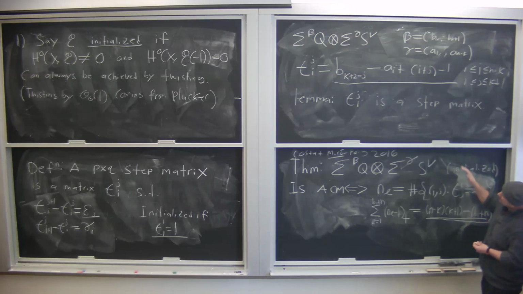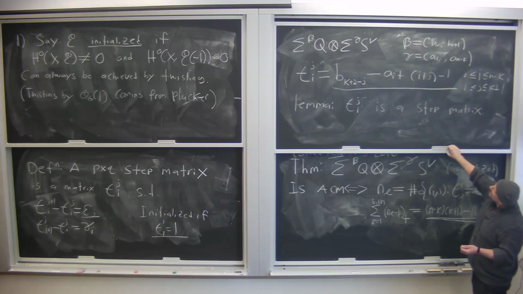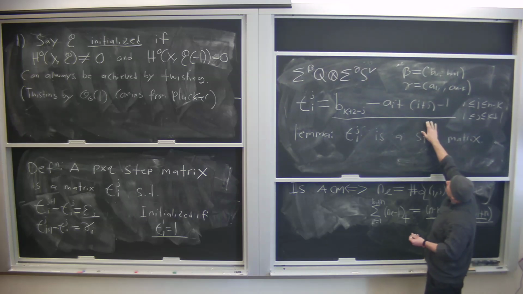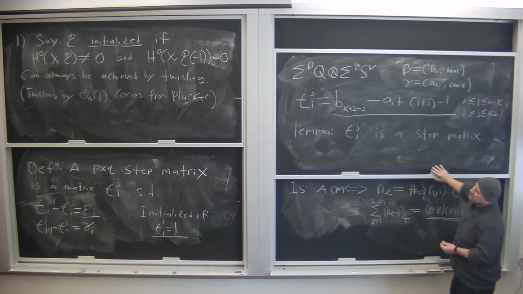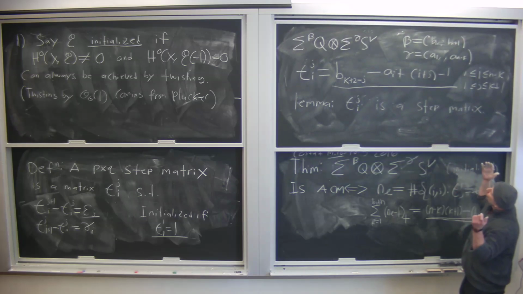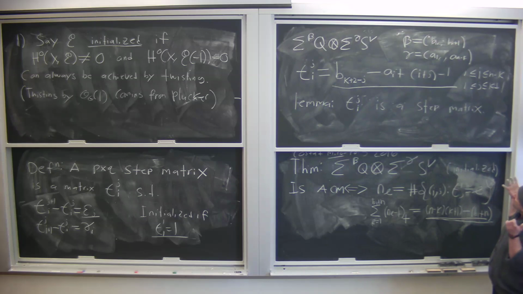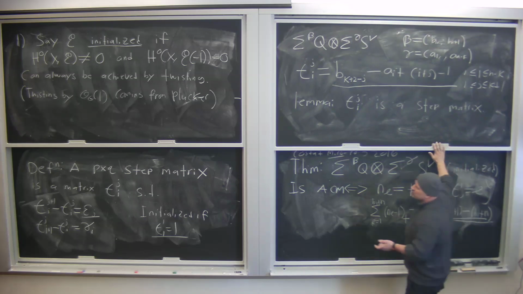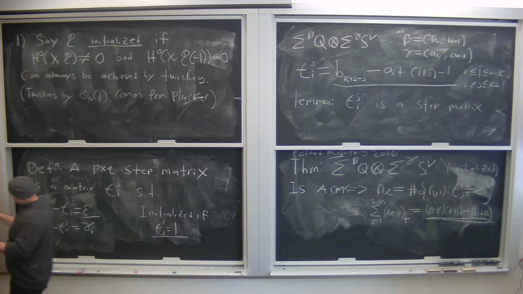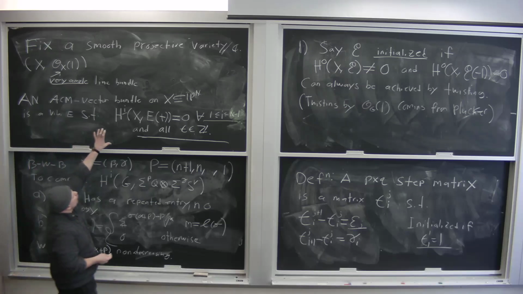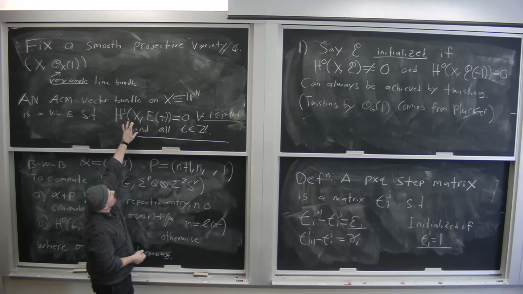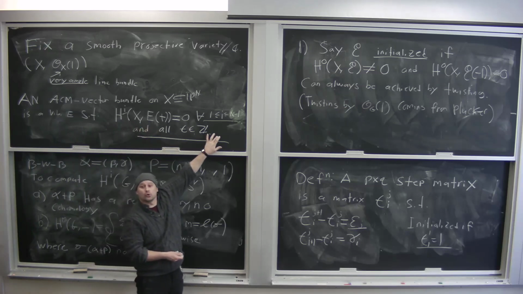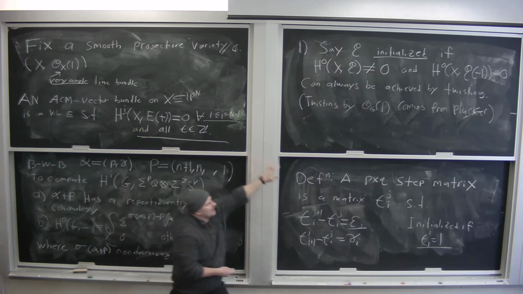And a quick word about the proof: this formula here is precisely what you need to look at when you stare at Borel-Weil-Bott, and then you want to force that this is 0 in this middle cohomological range.